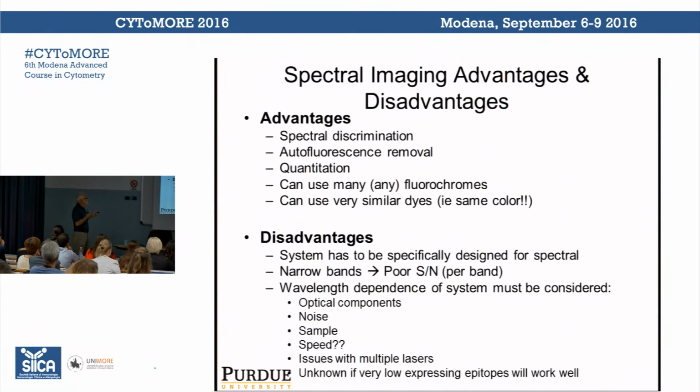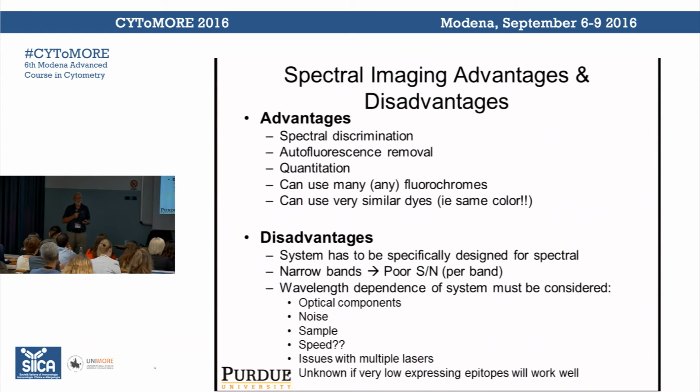Now, I've sort of given you the advantages. What are the disadvantages? Well, obviously you can't do it unless you have a special instrument that has a spectral detection system, and the bands are very narrow, so you may get less signal to noise per band. That's a fact. You can't get around that. And there are some wavelength dependencies.